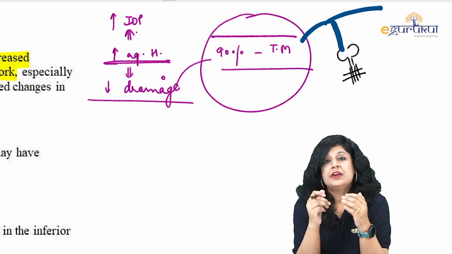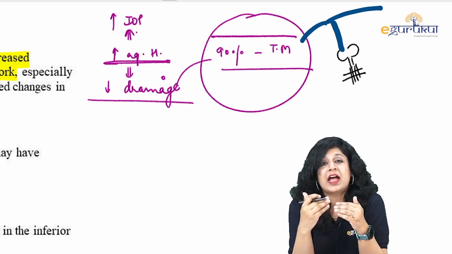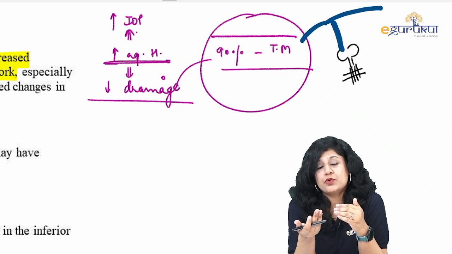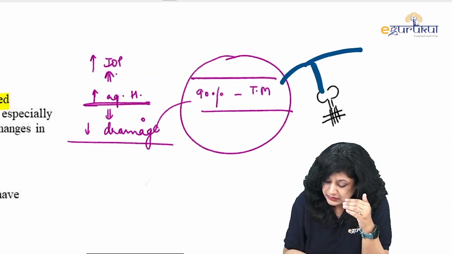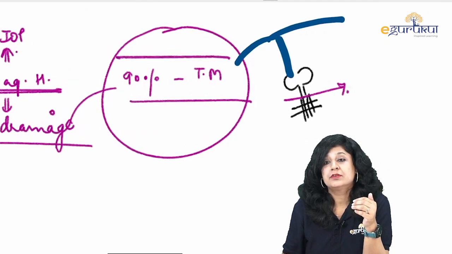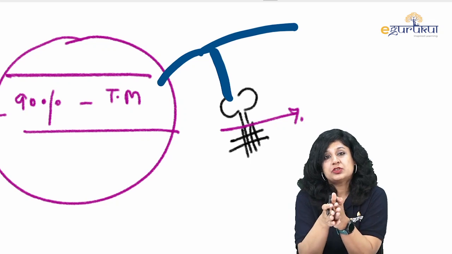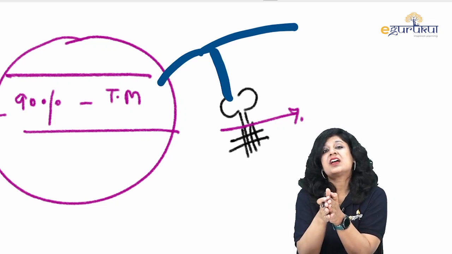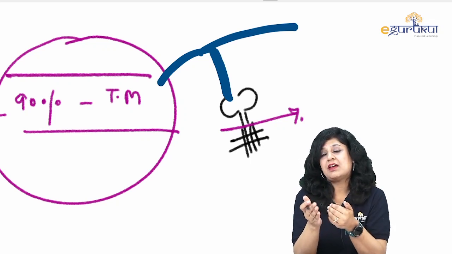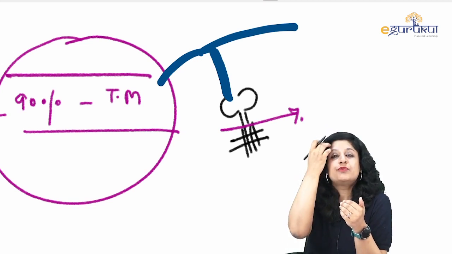This is the route. Now the juxtacanalicular meshwork is the area where I have maximum resistance to the flow of aqueous humor. What does this mean? This means that the area of this trabecular meshwork which is opening into the Schlemm's canal, that is juxtacanalicular, that is near the canal, is giving us the maximum resistance to the flow of aqueous humor.